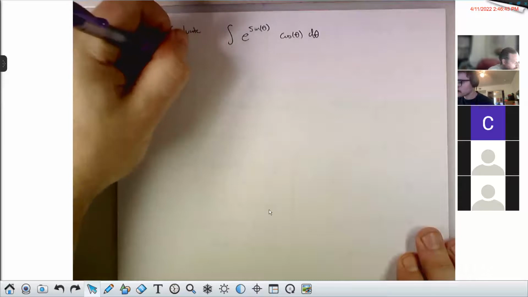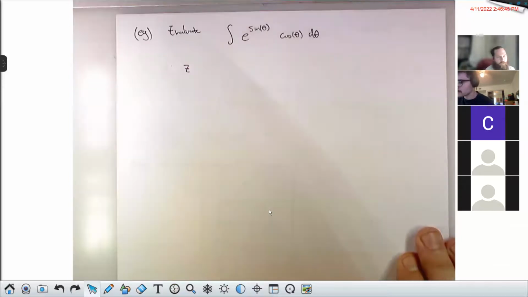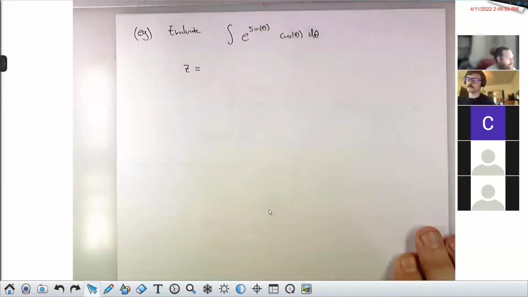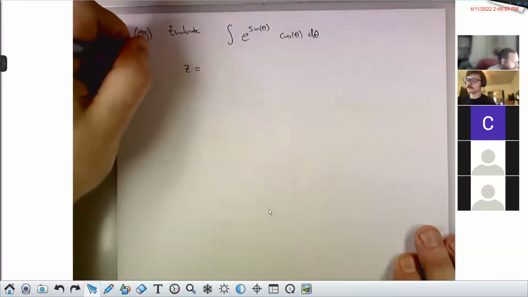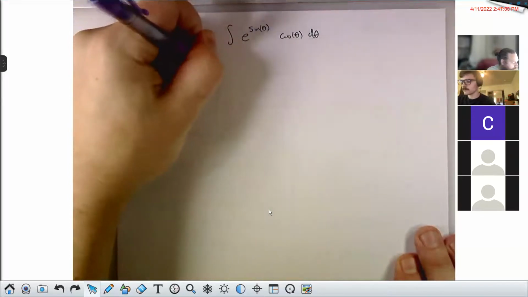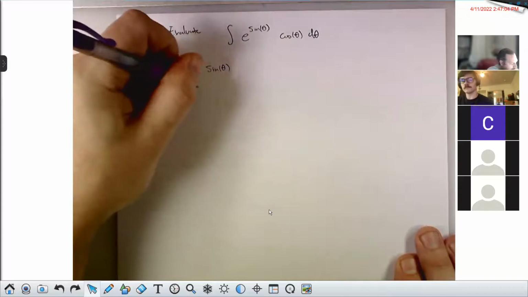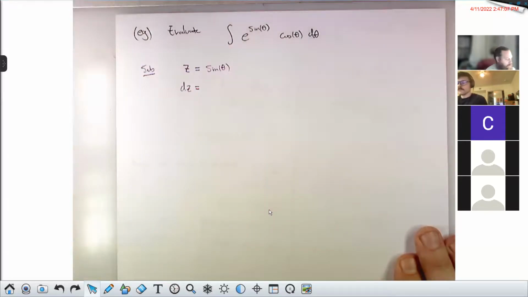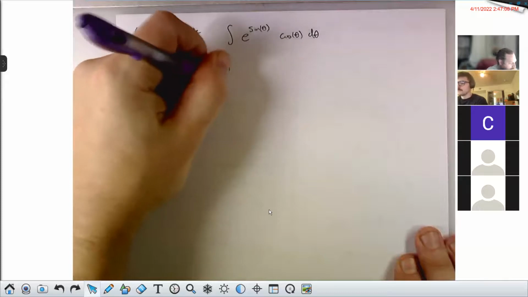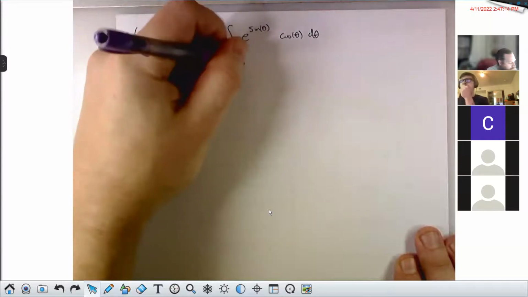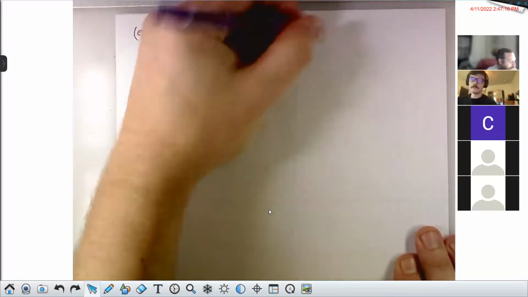Maybe I'll go ahead and bravely use a new variable. In Calc 2, I always use Z for substitutions, never U, because we use the symbol U for something else in integration. So I'll substitute Z equals sine theta, and then immediately calculate the differential dz, which is cos theta d theta. And this one just couldn't be smoother, right? Cos theta d theta is chilling right here.